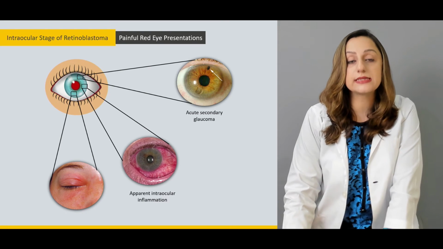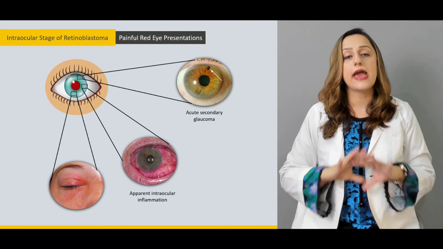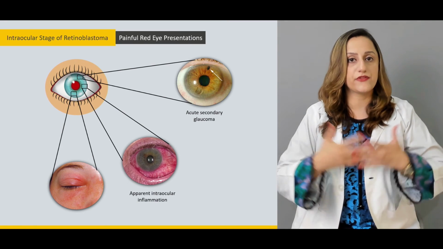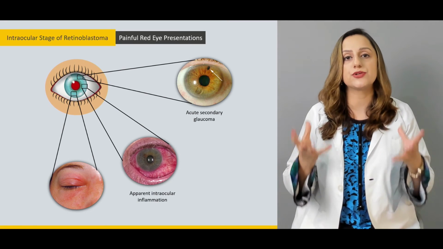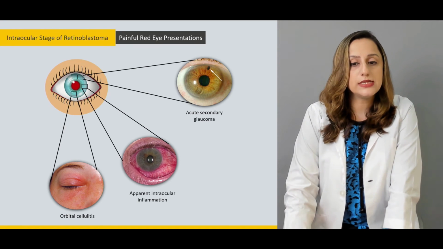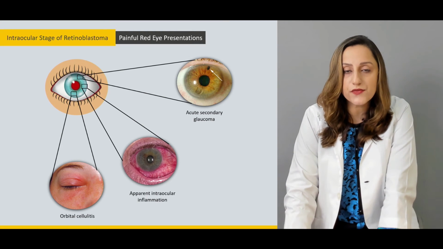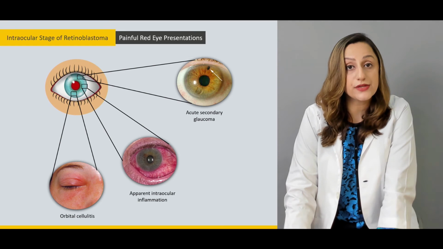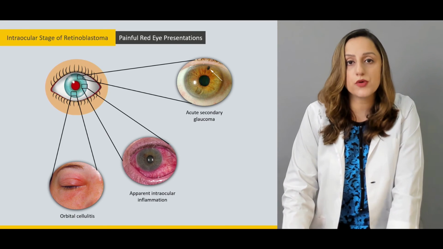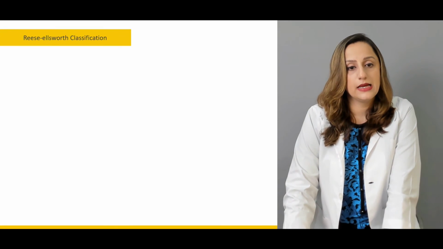And furthermore, it can even be a case of orbital cellulitis involving the extraocular structures, the skin of the eyelids, or the tissues surrounding the orbit. They are sometimes inflamed. So these can be the three particular conditions. It can be an intraocular inflammation, it can be an extraocular inflammation, or it can be a secondary glaucomatous condition that is giving way to this retinoblastoma.